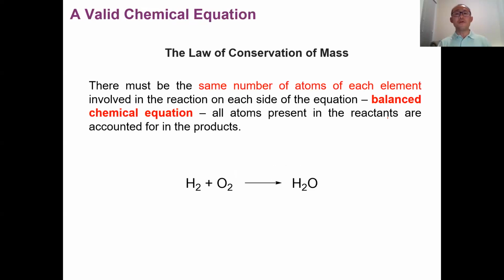Now, one thing very important about writing or using chemical equations is the fact that every chemical reaction has to satisfy the law of conservation of mass. Okay, we may have mentioned that in earlier chapters.